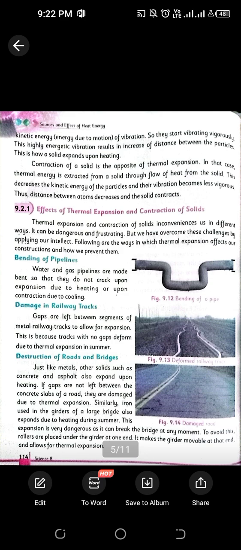Okay, so let's get started. Thermal expansion and contraction of solids inconvenience us in different ways. In our life, we have seen examples of thermal expansion and contraction in solids, but we have not noticed them in such a way. They are a source of inconvenience in our daily life.